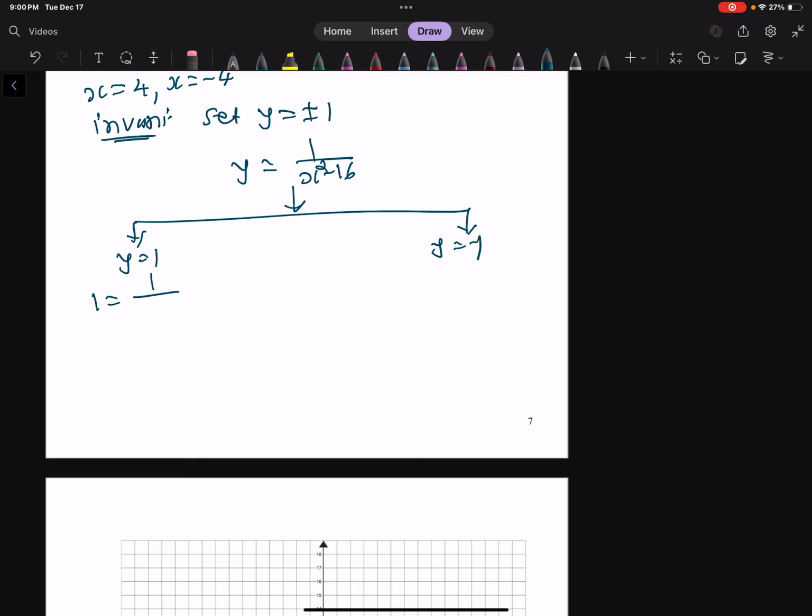So 1 equals 1 over x squared minus 16, take cross multiplication. So x equals plus or minus root 17, which is approximately plus or minus 4.1 or 4.2. We just need an approximate answer.